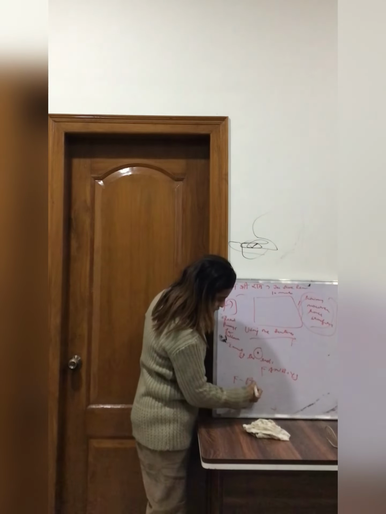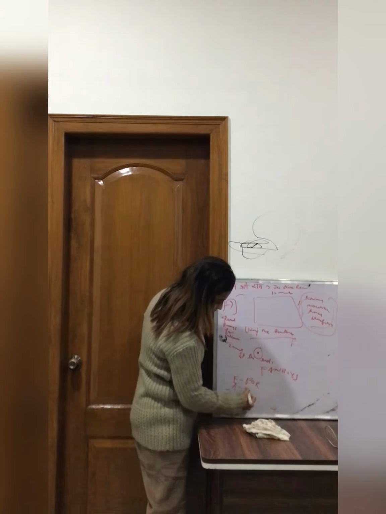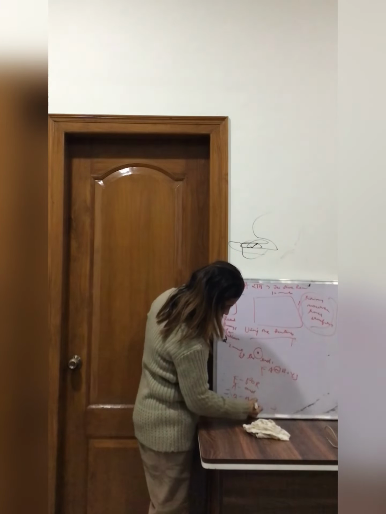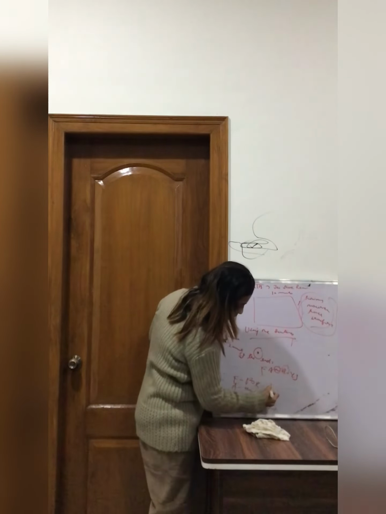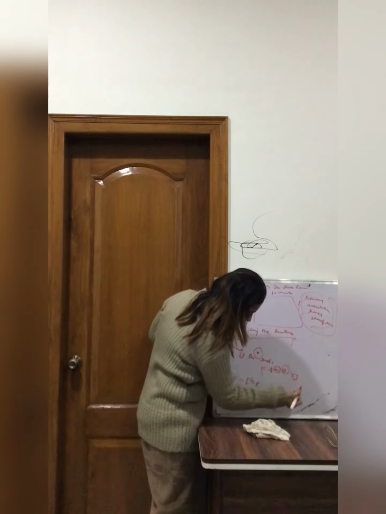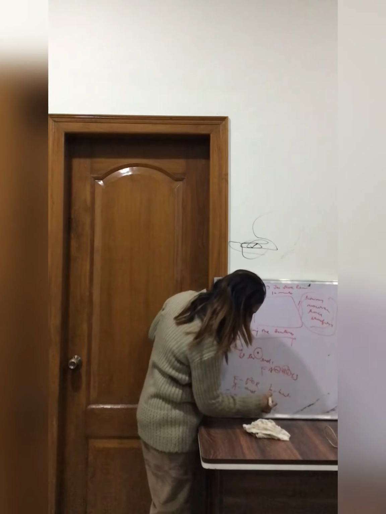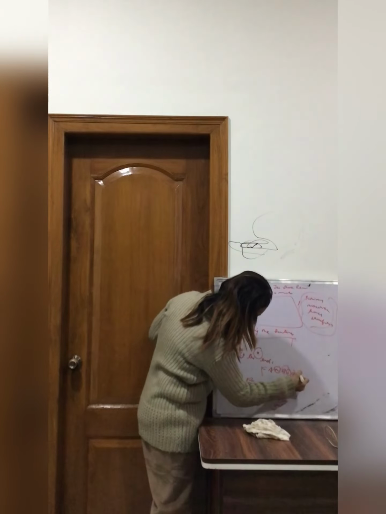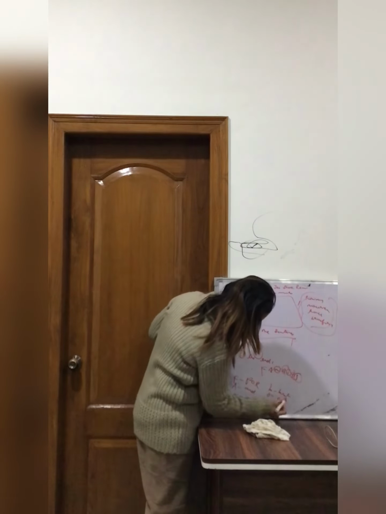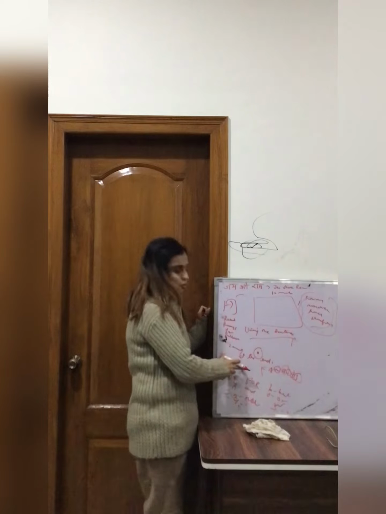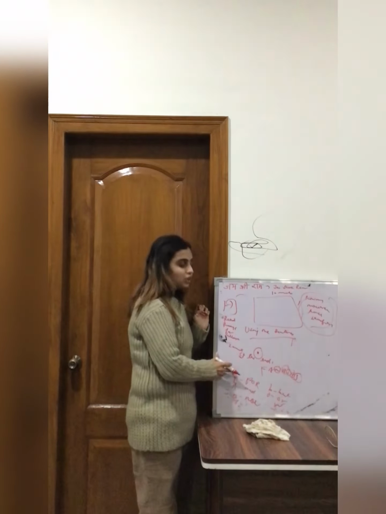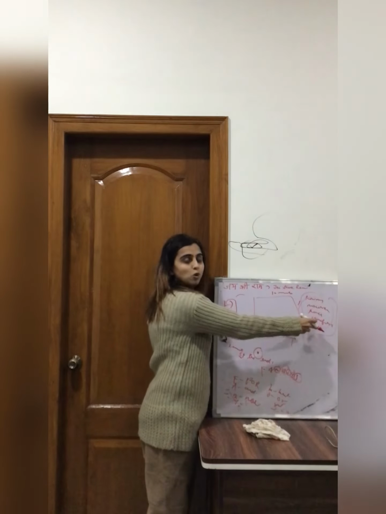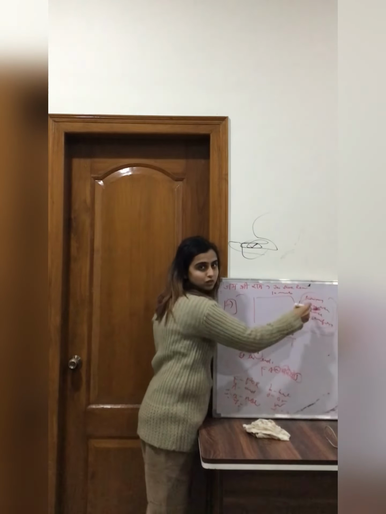F means for, A means and, N means nor, B means but, O means or, Y means yet, S means so. When you're using any of these fanboys, you need a comma only before. I'm sorry, I said here you need comma only before. You need comma before and after the linking words.